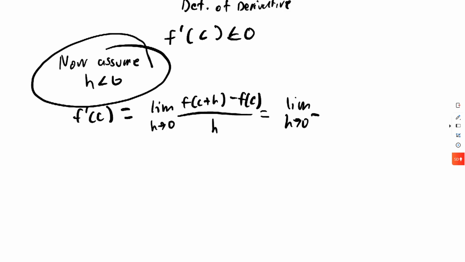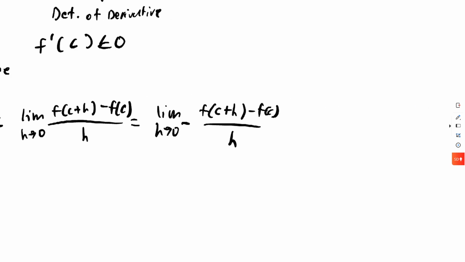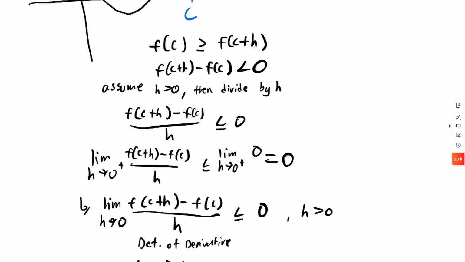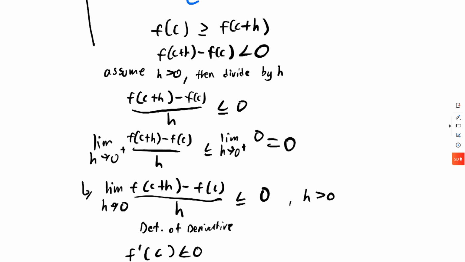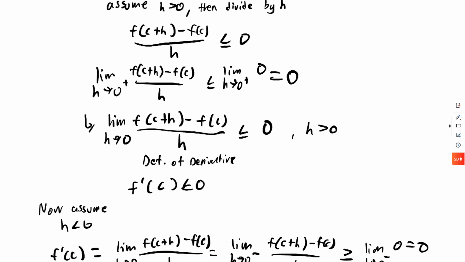Because we're assuming h is less than 0, the limit of f of c plus h minus f of c over h is going to be greater than or equal to 0. Now, what did I do there? When we assumed h was greater than 0, we divided by h and found that from the right side it's going to be less than or equal to 0.